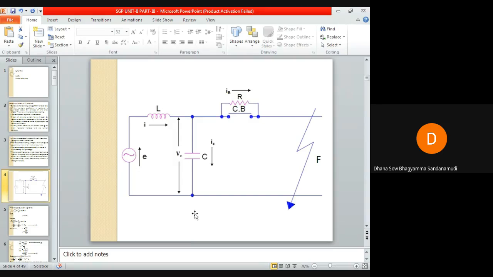You better draw this circuit. We have to derive something, so all of you start writing in your notes now. As soon as you complete drawing this circuit, inform me. Take one minute, don't take more than a minute. Make it fast. Today, if possible, I will check your notebooks.